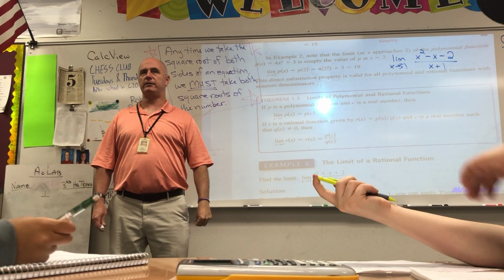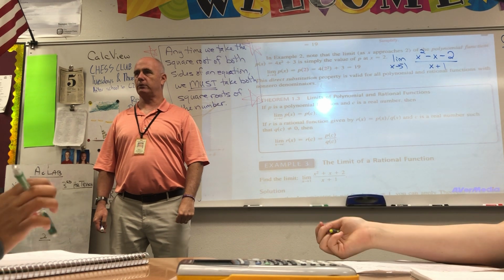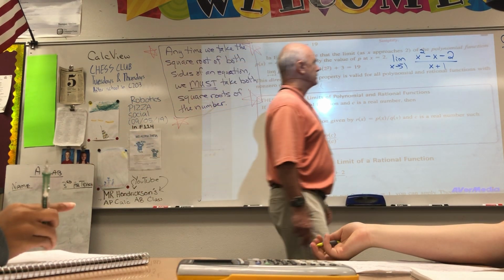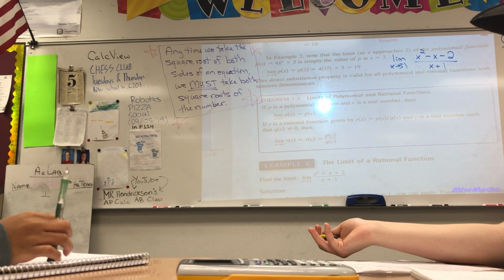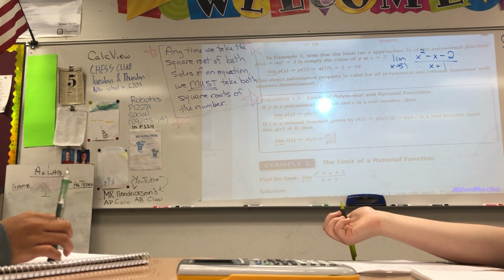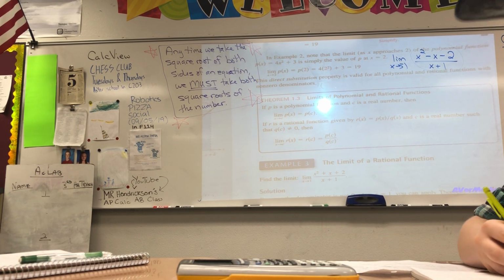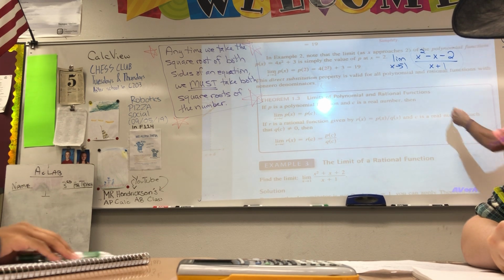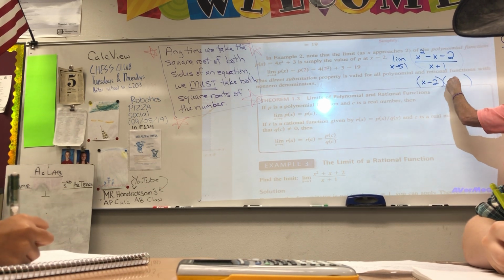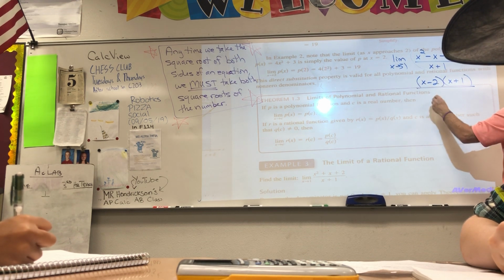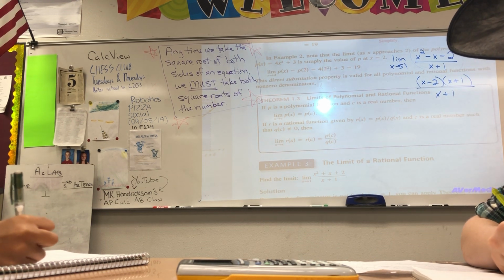Here's option 3, and this is one that we're going to use more and more as we go along. Simplify that. Factor. Yay. So let's factor. x minus 2 times x plus 1 over x plus 1.